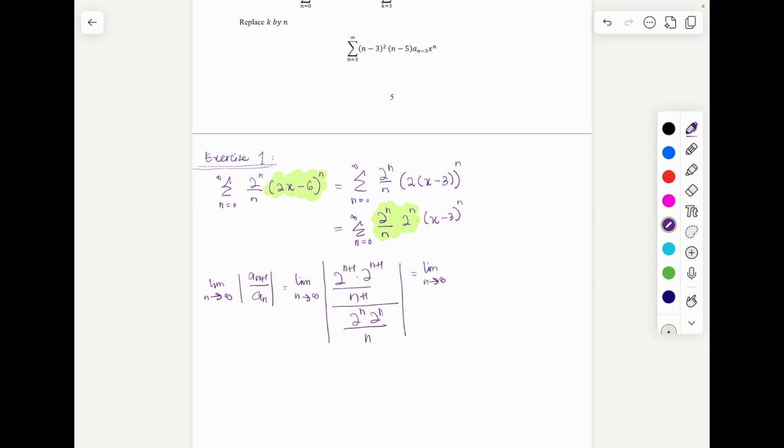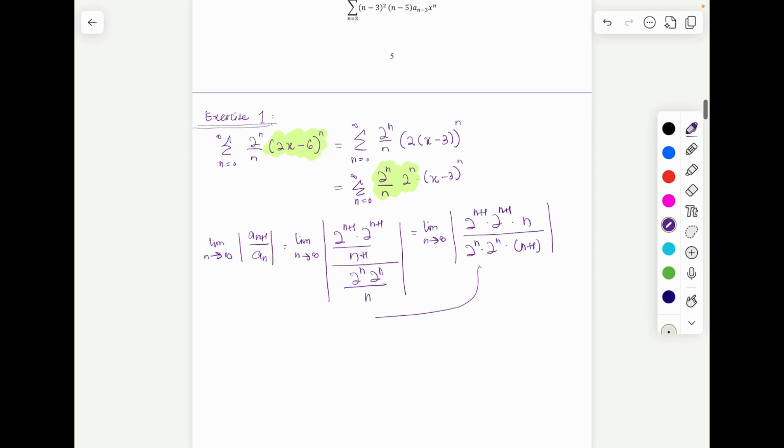I want to rearrange first instead of expanding. So we have 2^(n+1), 2^(n+1) multiplied with n divided by 2^n multiplied by 2^n multiplied with n plus 1. Now I want to expand: 2^n, 2^1, 2^n, 2^1, n divided by 2^n, 2^n, and then n plus 1.